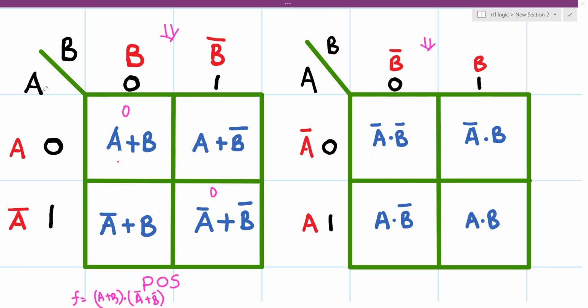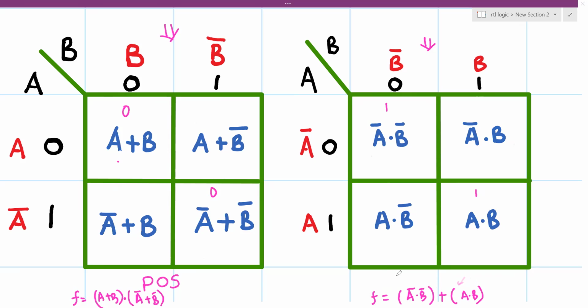Finally, in this case, you can see that these individual terms are basically products. And when you mark particular terms and write the expression, for example, you mark this cell and this cell, you write f equal to, let's say, A bar and B bar, or A and B. So you basically see that we are writing the sum of two product terms.